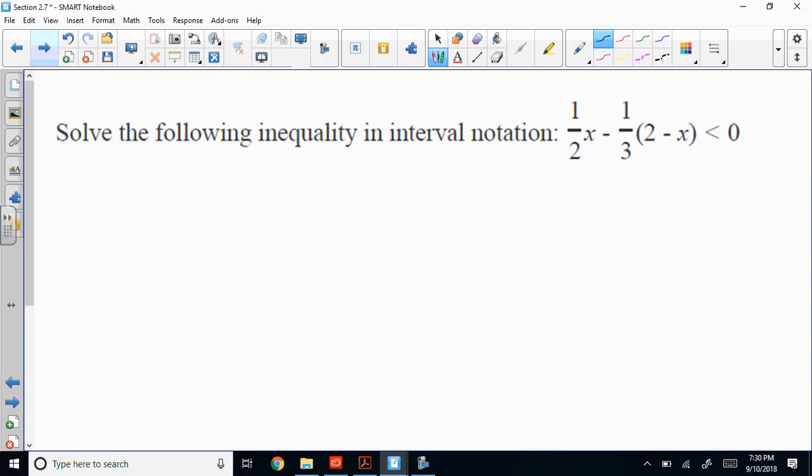Solve the following inequality in interval notation. What's the first thing you're going to do? What I'm going to do is rewrite that like this. Why am I rewriting it like that?